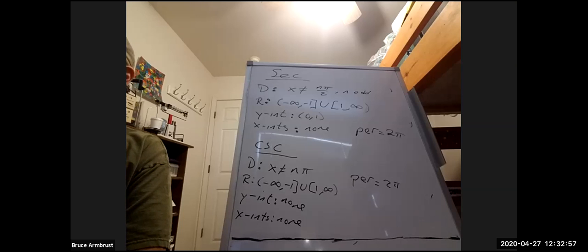All right, so hopefully that was enough time for you to grab that stuff off the board. What we talked about with secant and cosecant. Okay, so you've now seen all 6 trig functions and what their graphs look like. You can transform them just like any other kind of function.